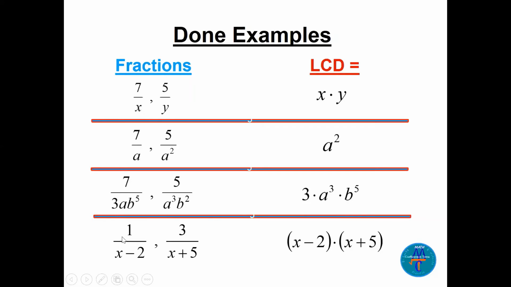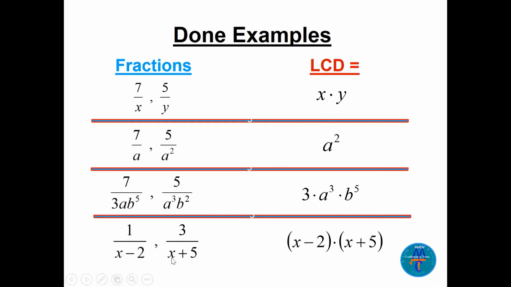Let's see more. 1 over x minus 2, 3 over x plus 5. Suppose I need to add or subtract. So x minus 2, how do you find the LCD? We know x is a variable. X minus 2 also is another variable, so x minus 2 is a number by itself, like x times y.